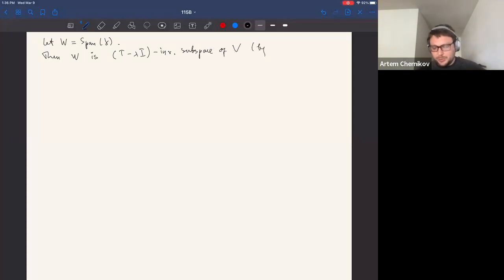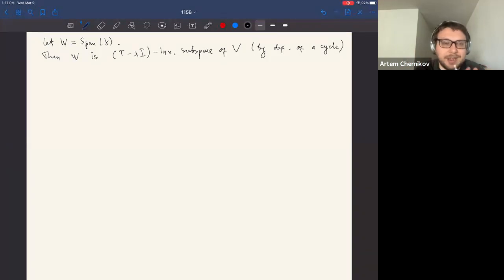So this we have simply by the definition of a cycle. Remember how we get a cycle. The cycle has the nth vector x, and if you apply T minus lambda I to it, we get the next element in the cycle. You apply it again, you get the next element until you get 0. If you pick any element in the cycle and apply T minus lambda I to it, you either get 0 or the next element in the cycle.